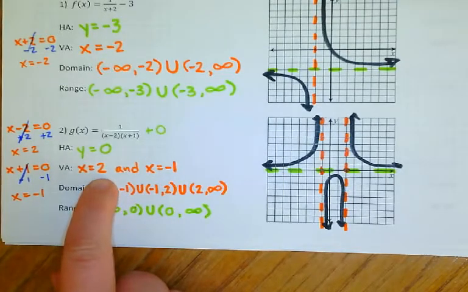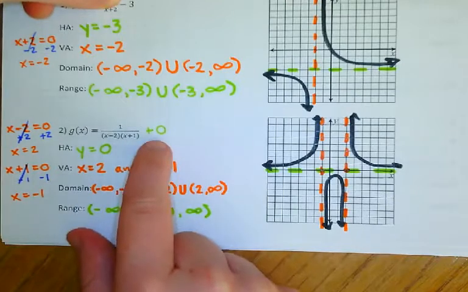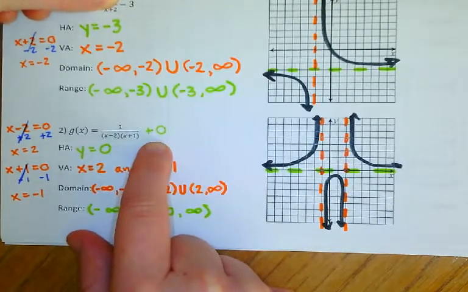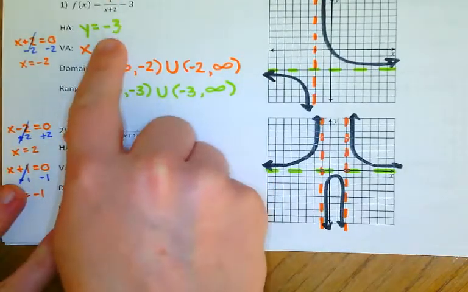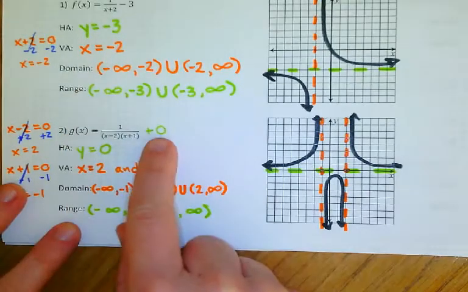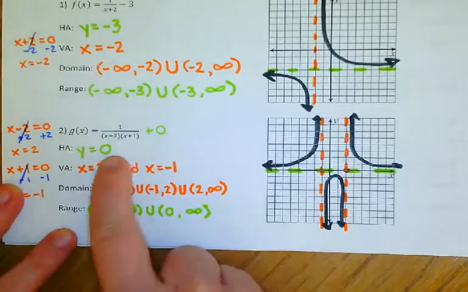Your horizontal asymptote is whatever you're adding or subtracting at the very end, exactly like you see it. So here, since this was a minus 3, that means we've got y equals minus 3. This didn't have anything at the end, so the number that represents nothing is 0.